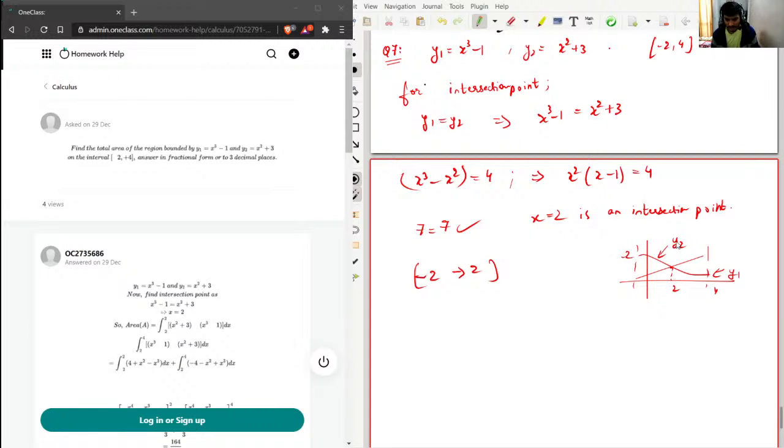In this case, my equation will be y2 minus y1, because y2 is on the upper side and y1 is on the lower side.